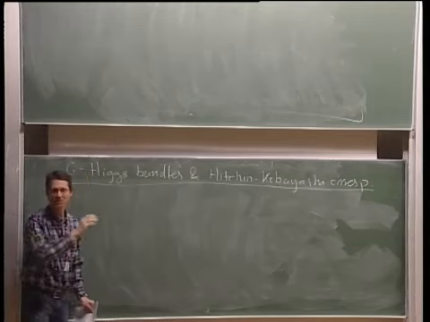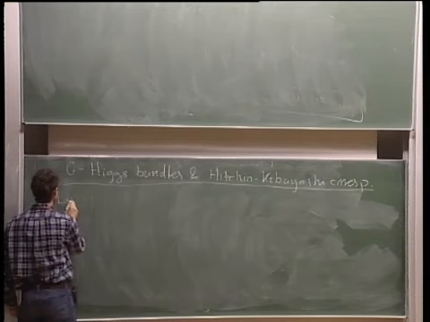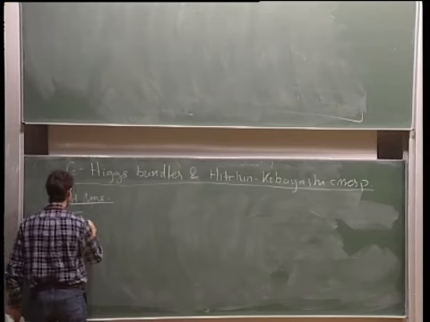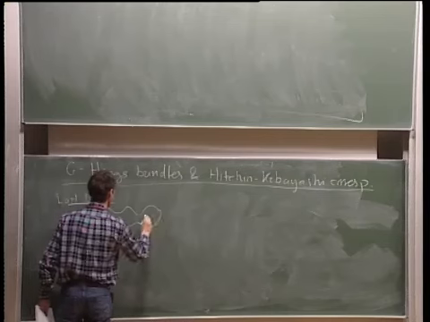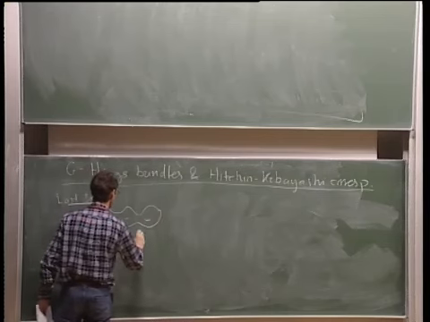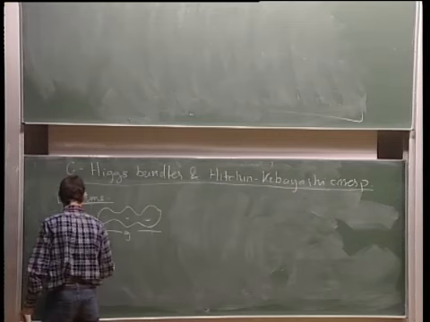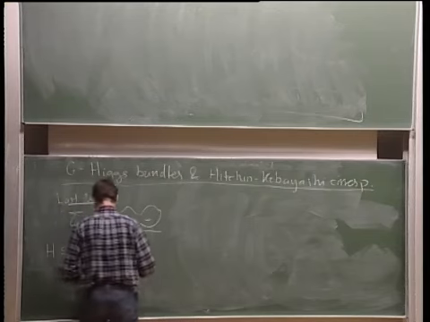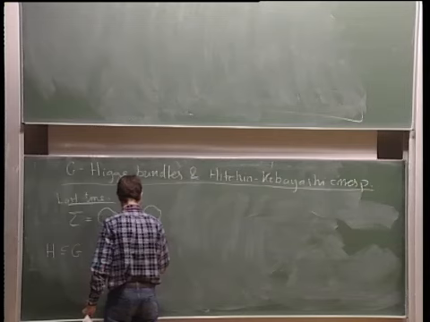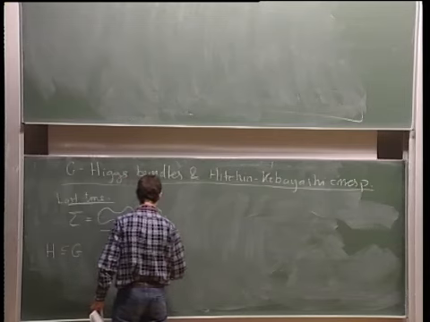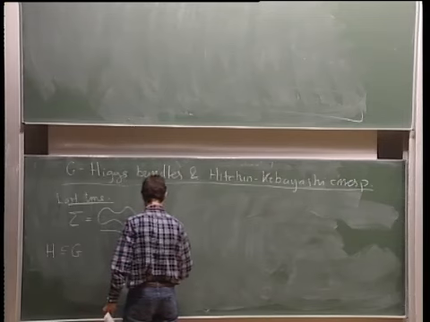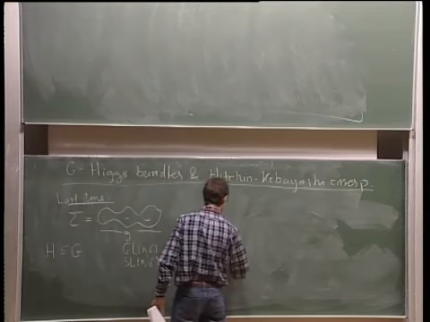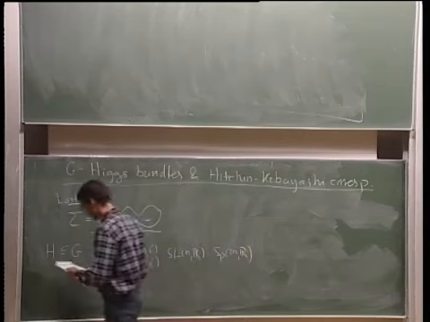Okay, so let me just remind you what we did last time. So we had our surface, a group G, and the maximal compact H. Say, think about maybe the general linear group GL(n,C), or SL(n,C), or SL(n,R), or the symplectic group. Some examples to keep in mind.